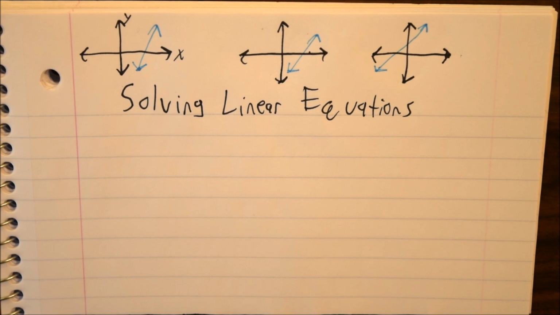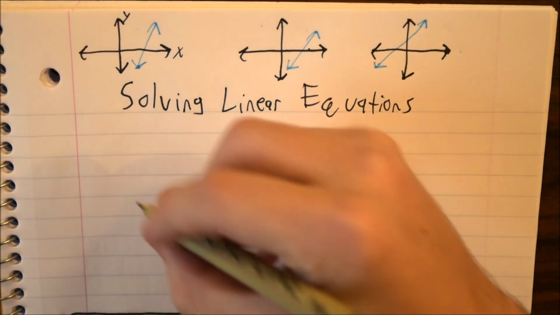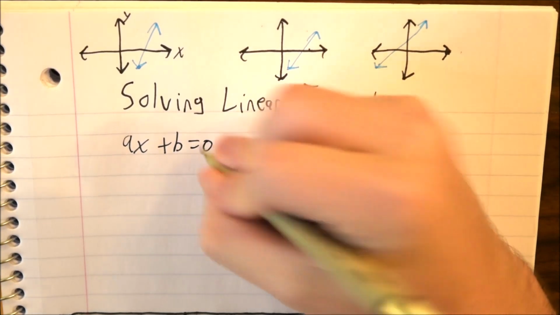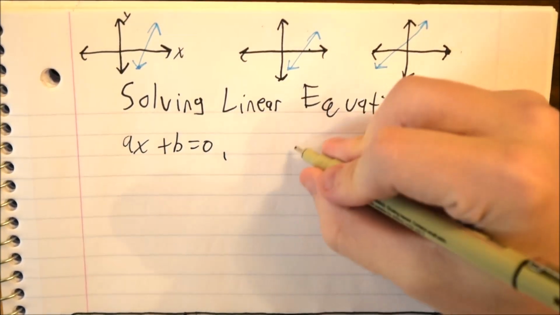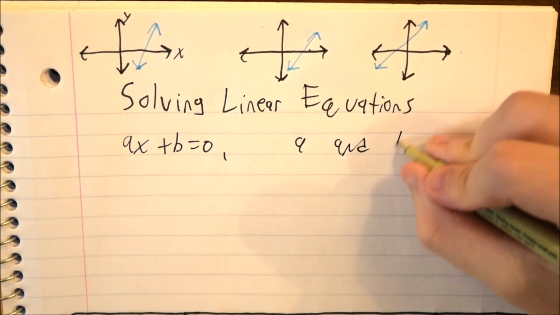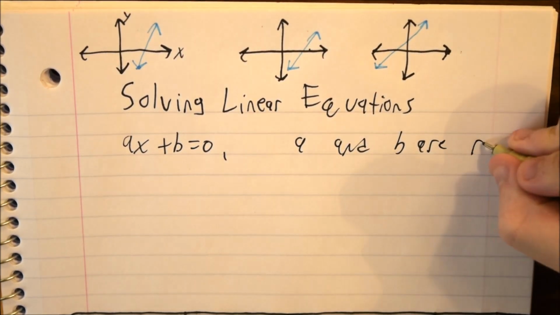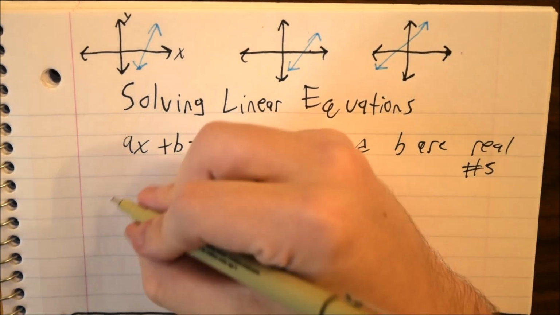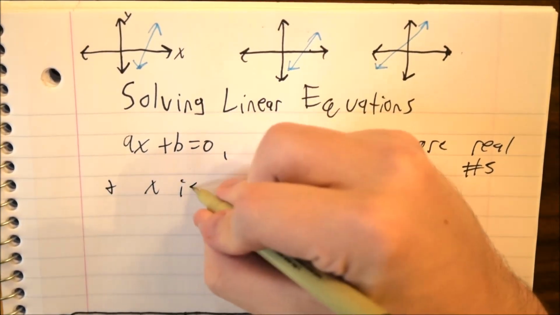So first of all, it'd probably be helpful if we know what a linear equation is. A linear equation is any equation of the form ax plus b equals 0, where a and b are real numbers and x is the variable.